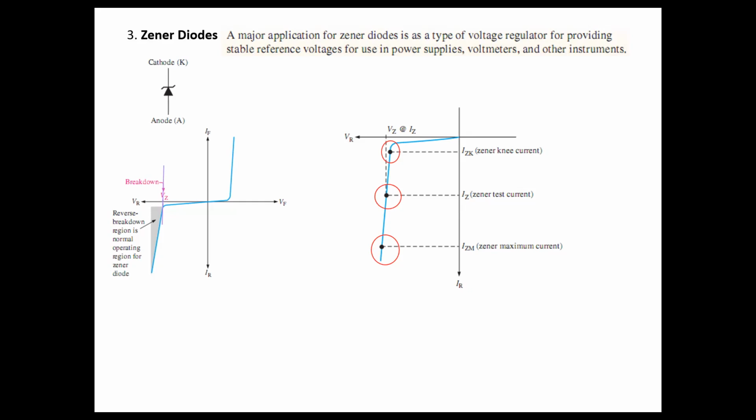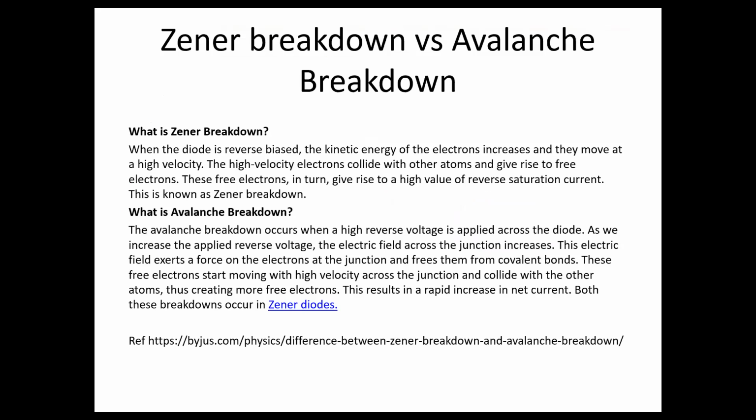Okay, these are two different types of breakdown voltage. One is Zener breakdown. When we use a Zener diode below about 8 volts, the breakdown is Zener breakdown.